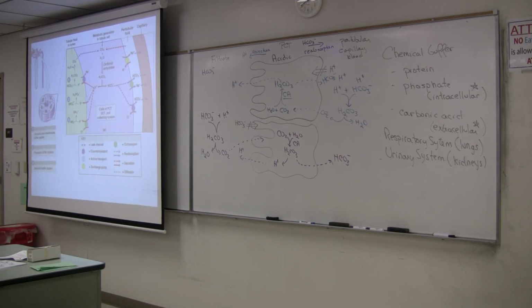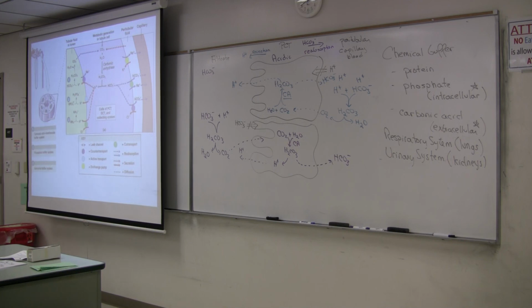Alrighty? So, three sets of buffers. The chemical buffering taking place within the plasma, the extracellular fluid, or the cell, focusing primarily on proteins and the carbonic system. Within the cell, we have the phosphate buffers. Would protein function as a buffer?